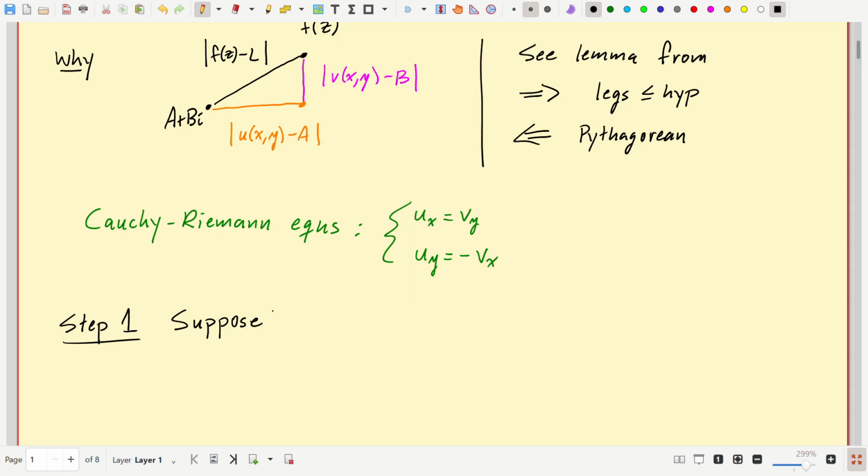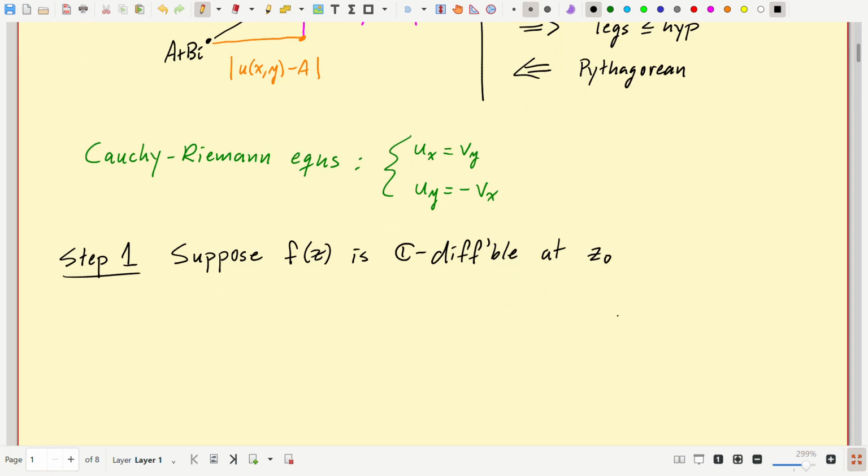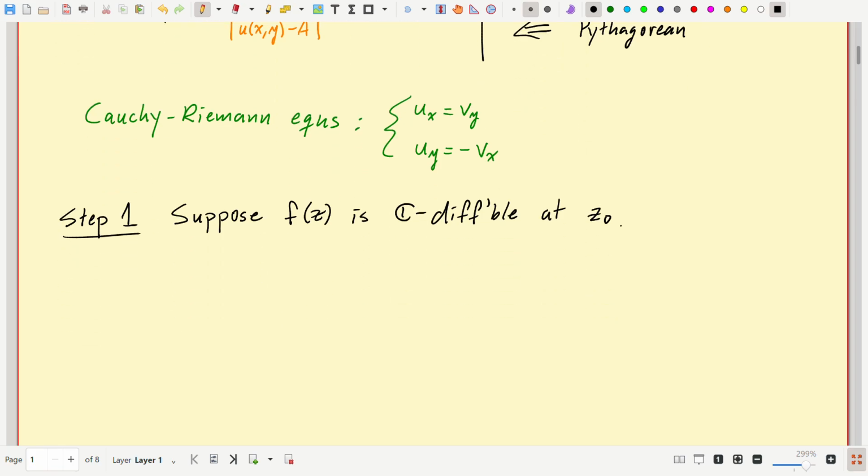But right now, we're just going to suppose that f of z is complex differentiable at a point z naught. And now the Cauchy-Riemann equations are derived by calculating this derivative in two ways.